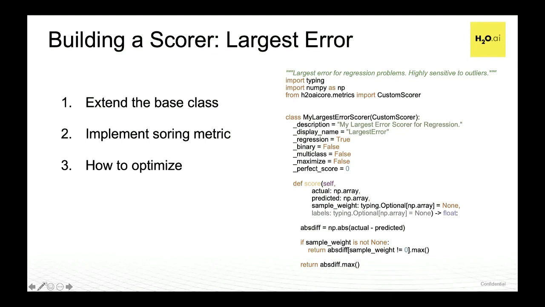This function, if there are sample weights, so if you have any columns that have been flagged as more important, will return back the max error for just the sample weighted columns. And if not, it will just return the generic max error.